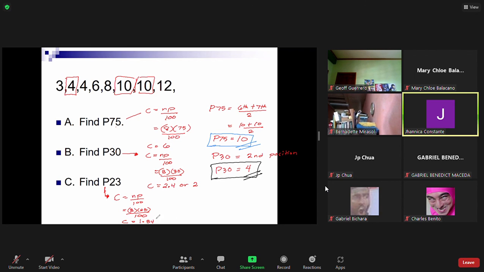So round off the decimal that we have, which is equal to 2. So percentile 23 is equal to the second position. So percentile 23 is equal to 4 since 4 is in the second position in the data set that we have.